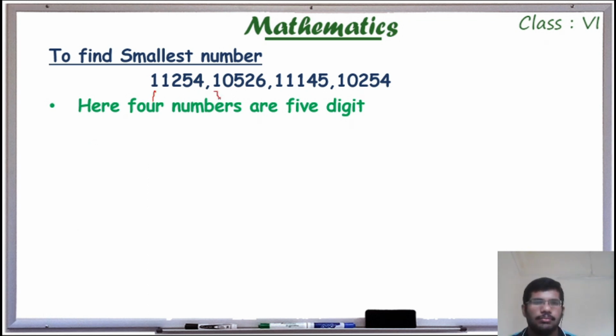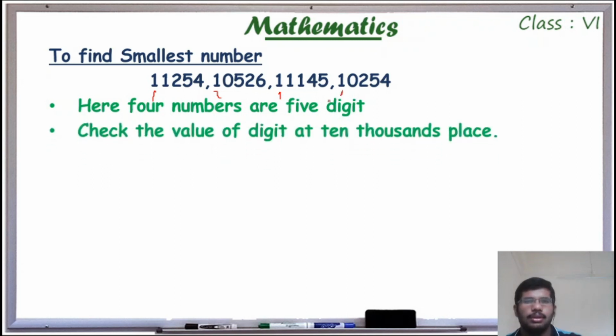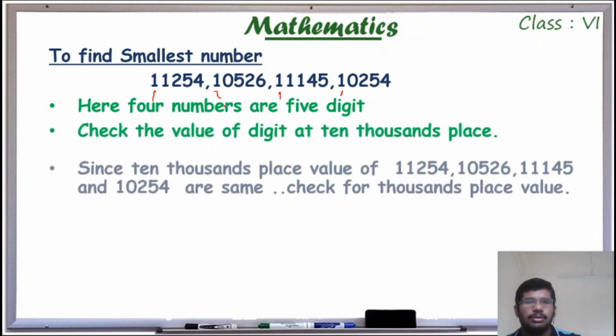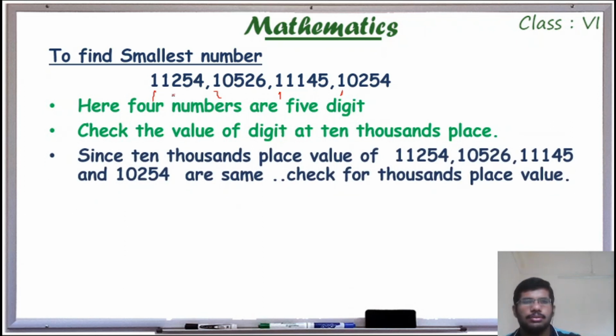Since all are the same, we take the next digit: 1, 0, 1, 0.